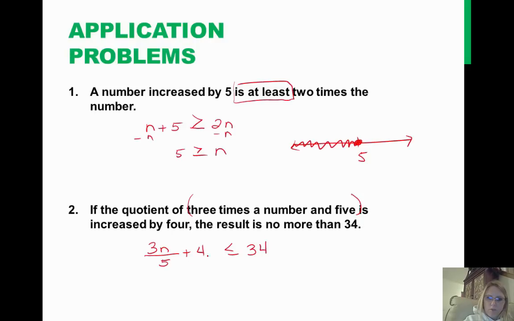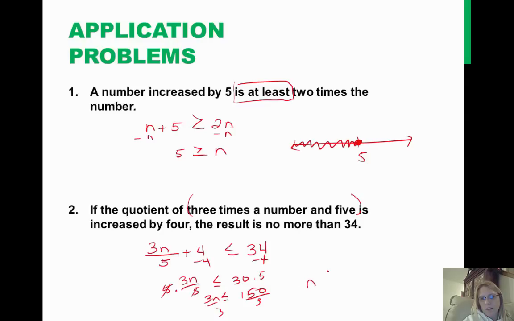So I'm going to take away 4 from both sides, and I have 3n over 5 is less than or equal to 30. If I multiply both sides by 5, I would get 3n is less than or equal to 150, and then divide by 3.